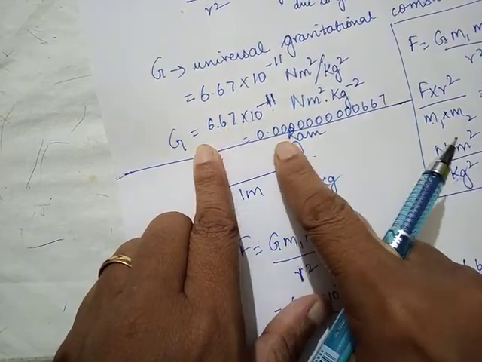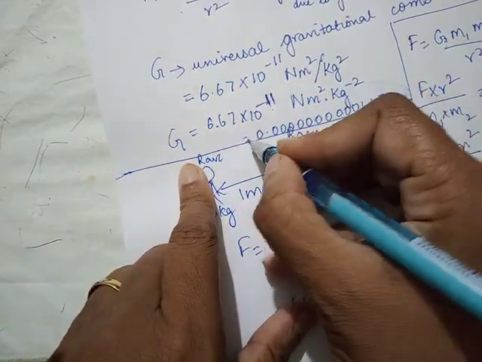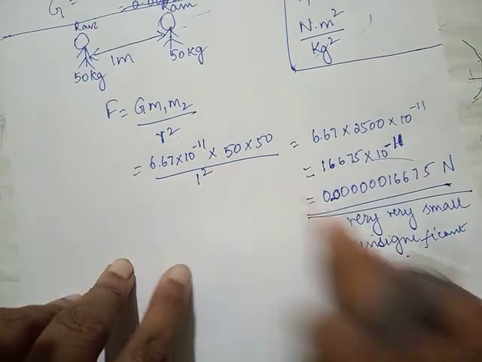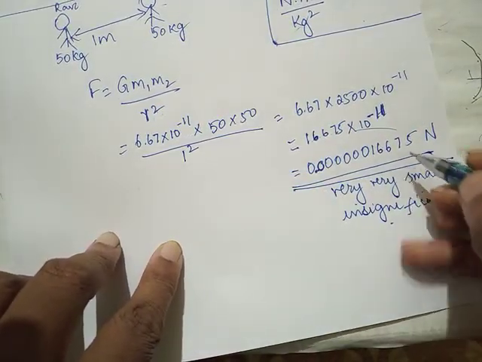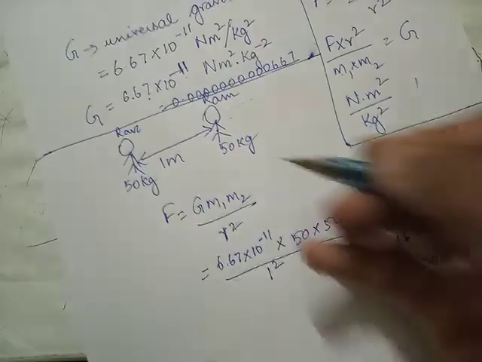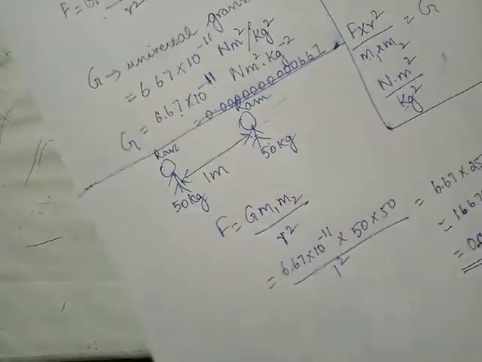This, if I have to write in decimal, is this much, which is a very small value. Now, because G is very small, in case of ordinary bodies, the force also becomes very, very small. Or we can say, practically, there is no force of attraction. That's why normally we don't feel any force of attraction.